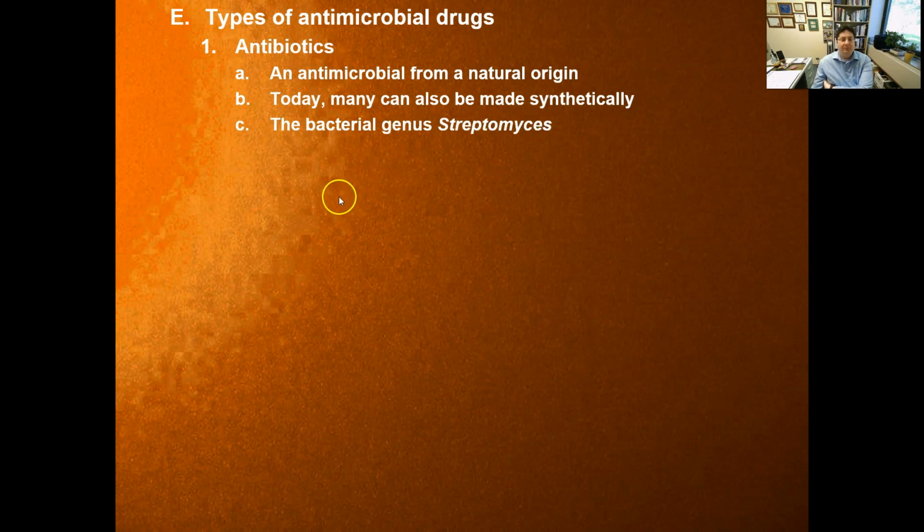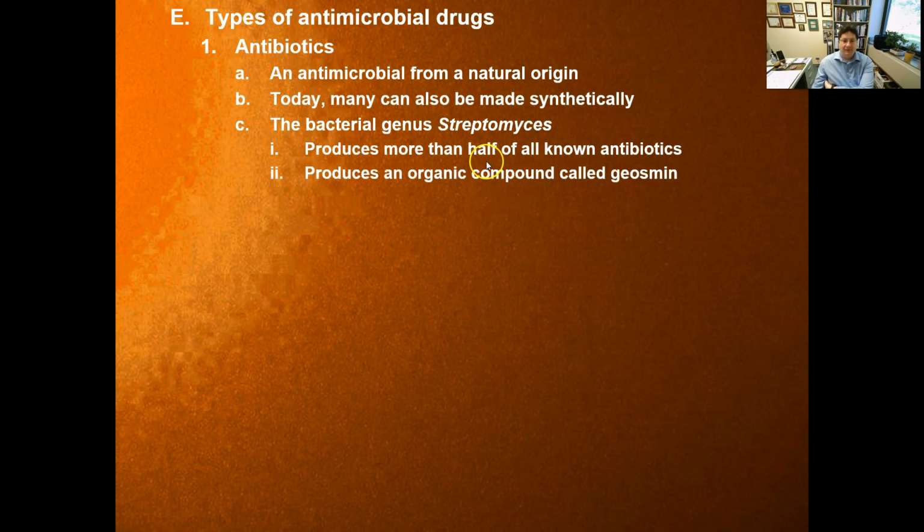Of particular importance here, everyone, is the bacterial genus Streptomyces. This bacterial genus, this group of bacteria, produces more than half of all known antibiotics. Interestingly, Streptomyces is a soil bacteria. It lives in the soil.